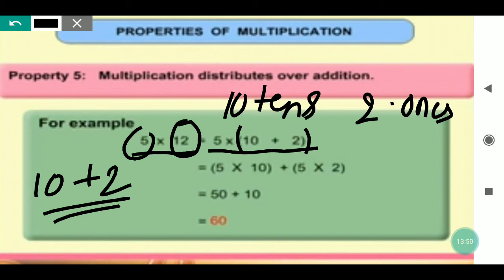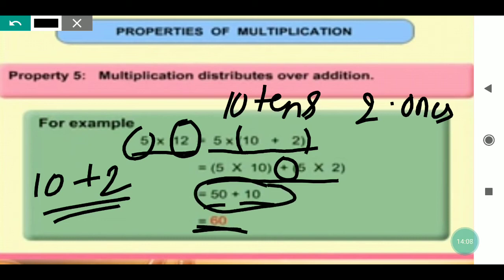Now we will multiply one by one. 5 into 10 we will do one time, and 5 into 2 one time, and in between we will give the plus sign. So 5 into 10 is 50 and 5 into 2 is 10. When you add these two, you will get 60. So this is the multiplication distribution over addition. Multiplication distribution means we are separating the numbers by giving the plus sign in between.